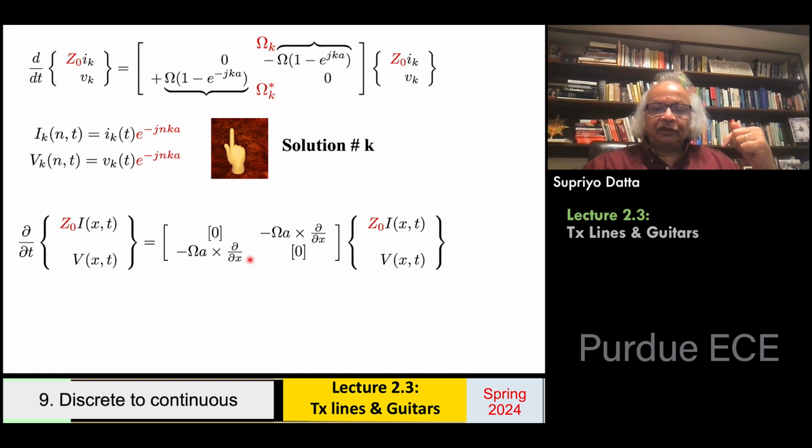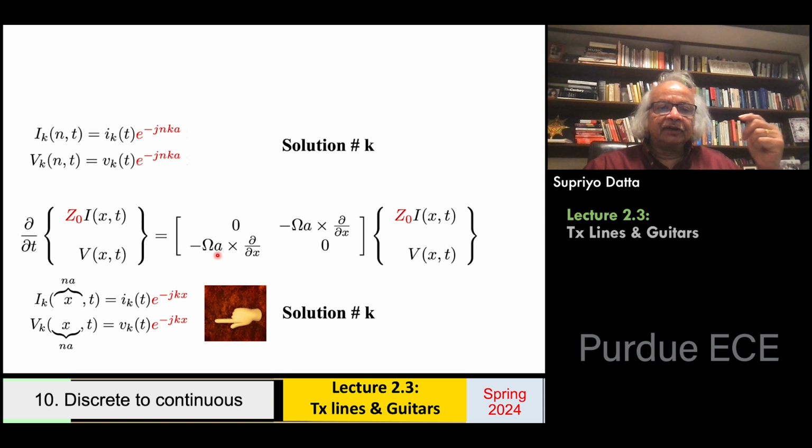Now, in the continuous case, we have a similar result. That is, now I and V are functions of x and t, and instead of being e to the power j n k a, it's like e to the power minus j k x. And these functions are eigenfunctions of the derivative operator, because an exponential function is an eigenfunction of the derivative: when you take the derivative of it, it's a constant times the eigenfunction.